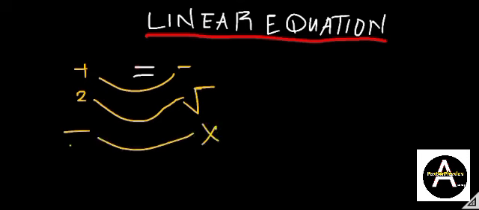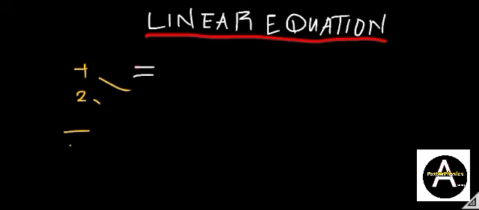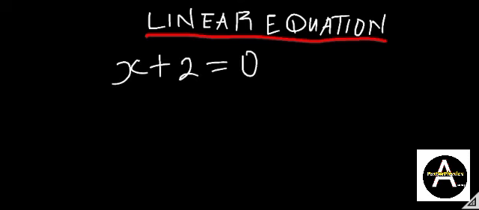So these are the things that you need to note when solving a linear equation, because they are the basic foundation of what we are going to do today. Last week, we also explained how we can solve a little bit of linear equation. We did something like x plus 2 equal to 0.